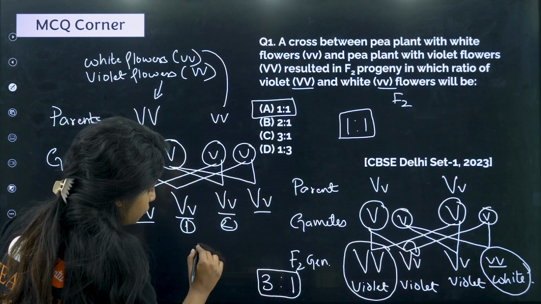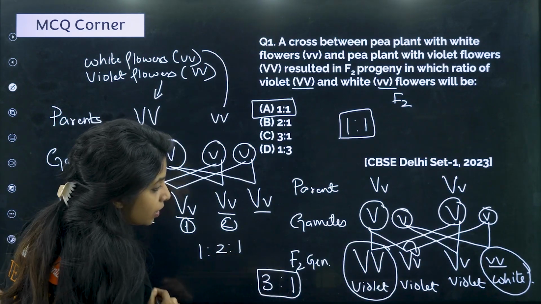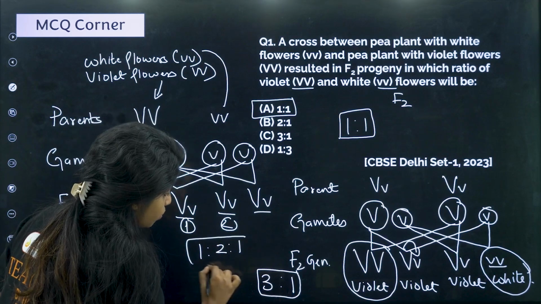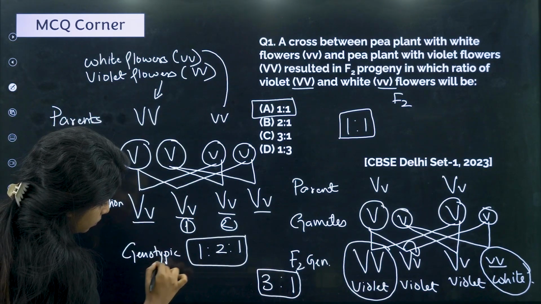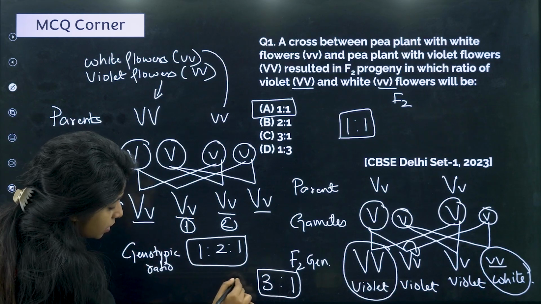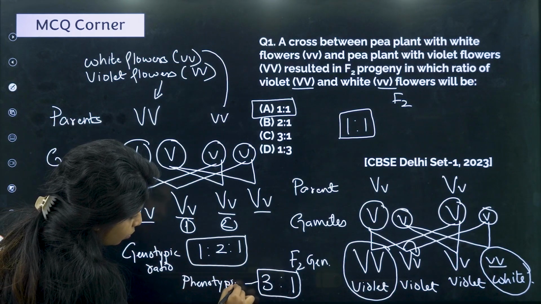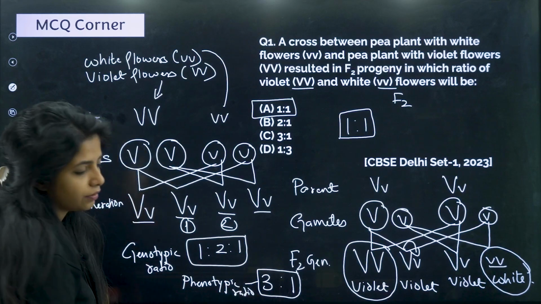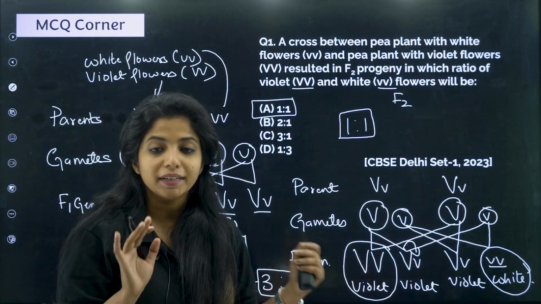So can I say one is capital V, 2 of them are capital V, small v, and one of them is small v. So this is the genotypic ratio, and this is the phenotypic ratio. Got it? I just explained it to you because you might need it later on.